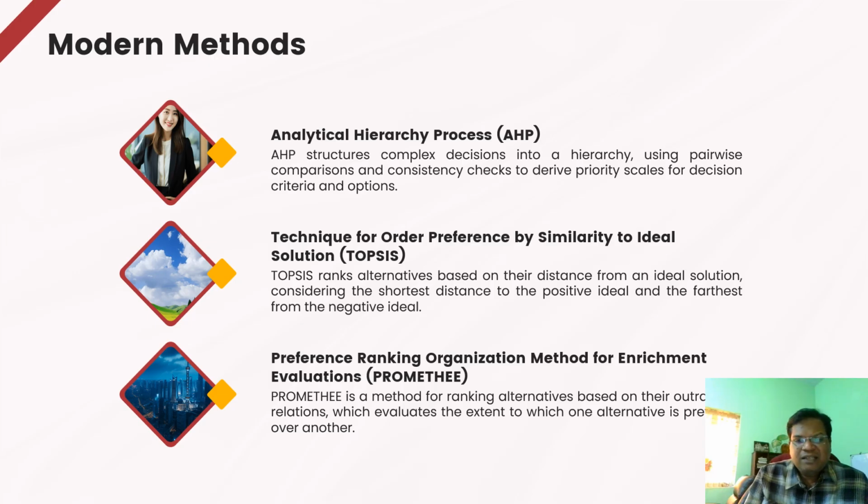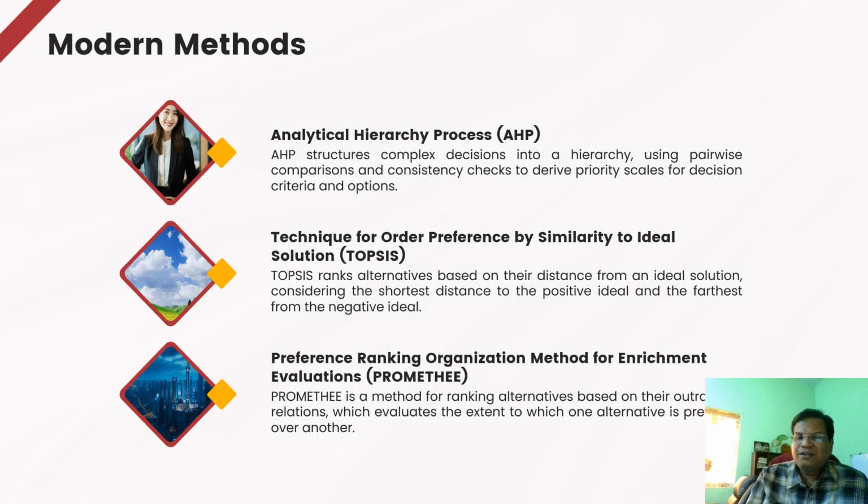Another method is the Preference Ranking Organization Method for Enrichment Evaluations, the PROMETHEE method. PROMETHEE is a method ranking alternatives based on their outranking relations, which evaluate the extent to which one alternative is preferred over another. It is one of the modern methods that most people are doing.